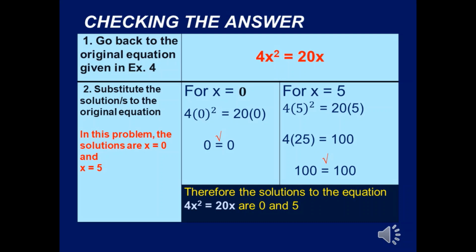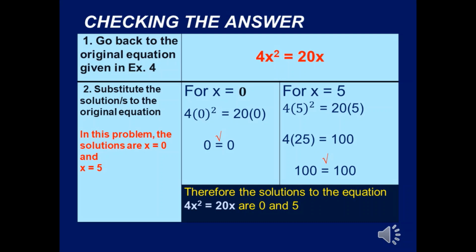So we need to replace this x with the solution that we were able to generate. So for x equals 0, we have 4 times 0 squared equals 20 times 0. So that's 0 equals 0. So correct. Therefore, 0 is a solution to this equation.